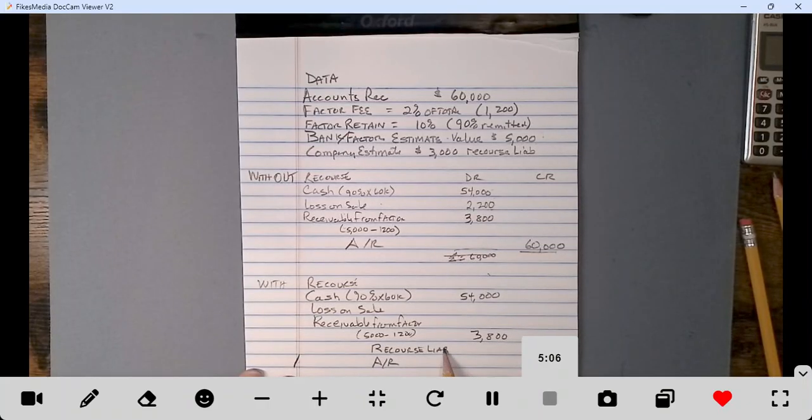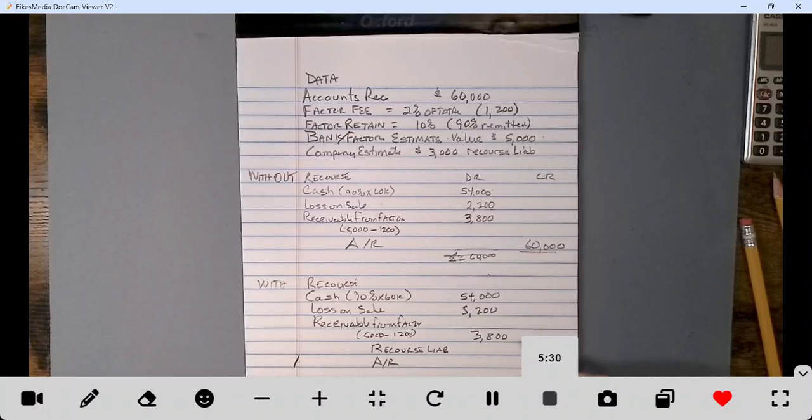So this liability account on the balance sheet, as things are collected, if everything gets collected, that recourse liability goes away. If not, if it stays at that rate, then we still have the loss on sale of 5,200 if that recourse liability stays.